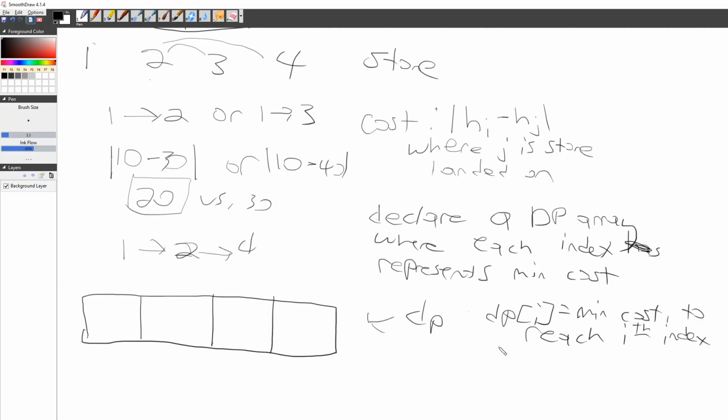And let's just think, basically if you say we're here, we could reach this position, which is stone 3, by either jumping from stone 1 or jumping from stone 2, right? And that's the only way we can get there, because the frog can only jump 1 or 2 steps. Just keep that in mind.